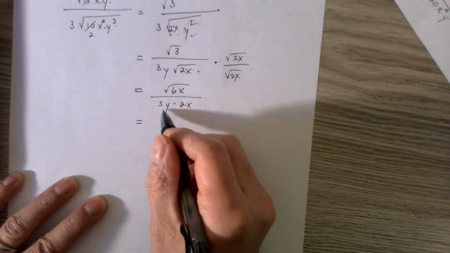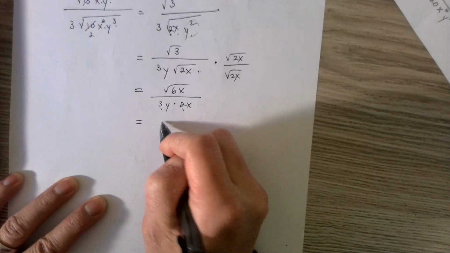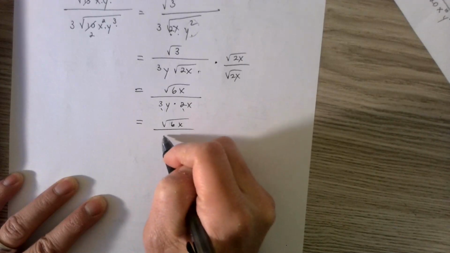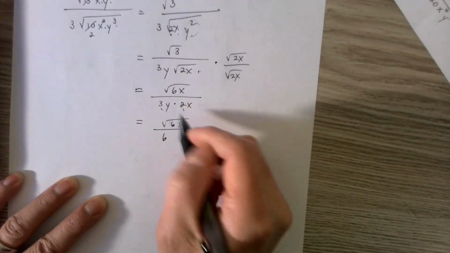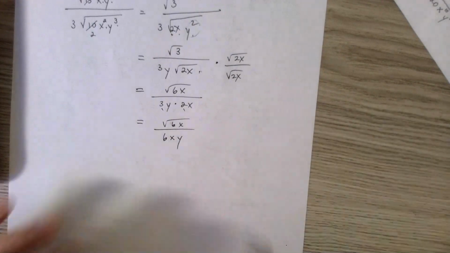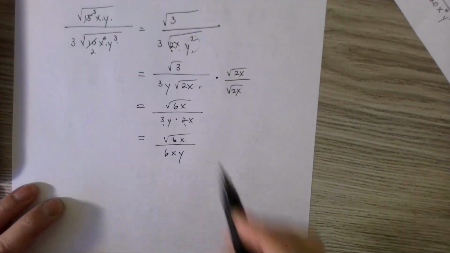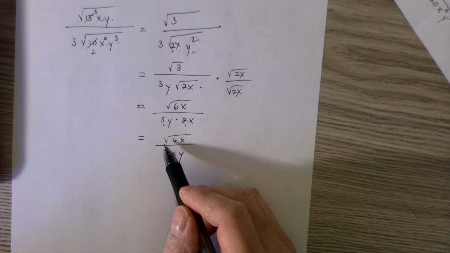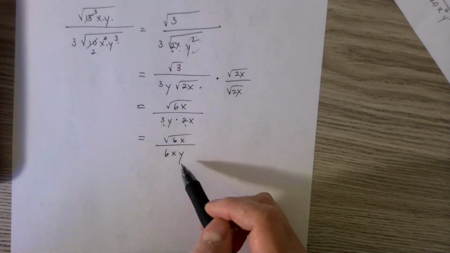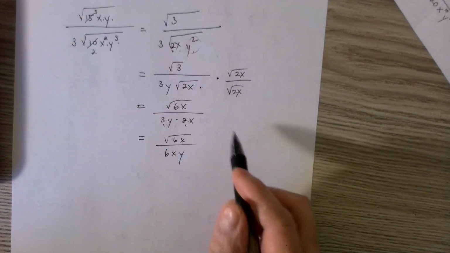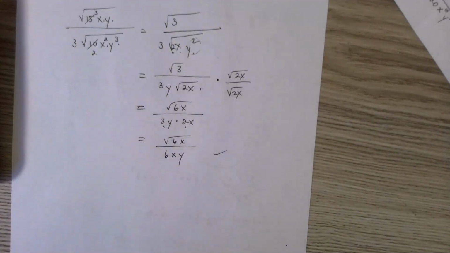And I can multiply the 3 and the 2. 6xy. Okay, this is fully simplified. Nothing can come out of the rad, so there's nothing to do there. And I don't have any more rads in the denominator, so I know I'm done. Okay, so that's rationalizing denominators.